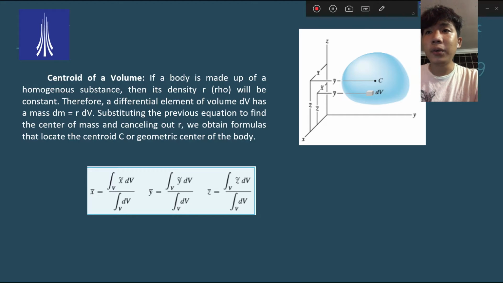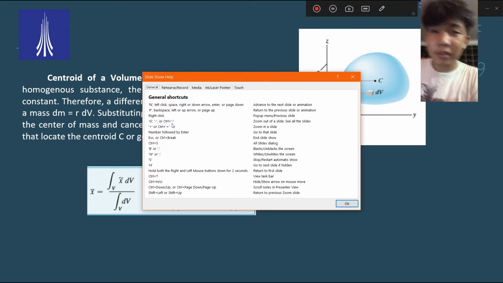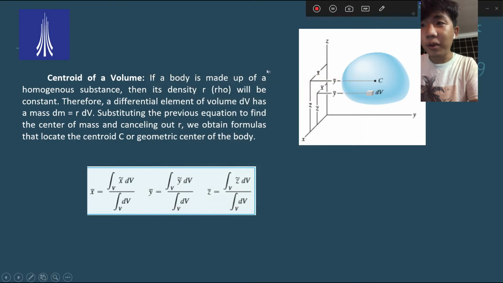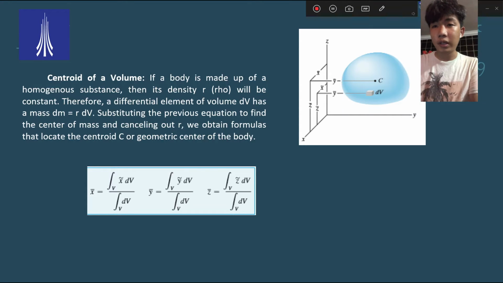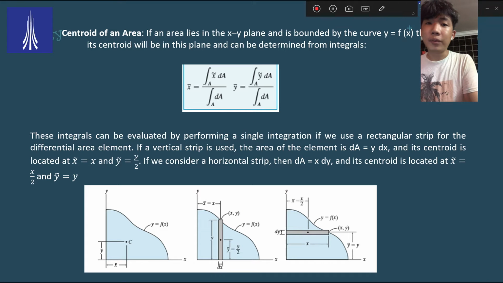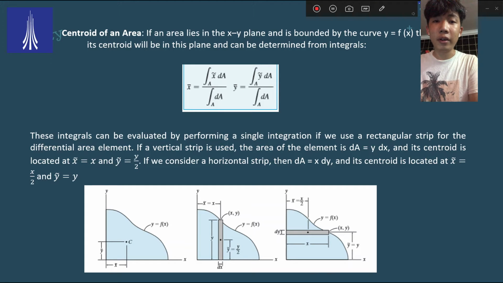If we substitute these elements into the previous equation for the center of mass and cancel out rho, we obtain the new formula of the centroid C, or the geometric center of the body, which is the same as the previous one, but this time it's dV, the differential of volume. That's the only difference.